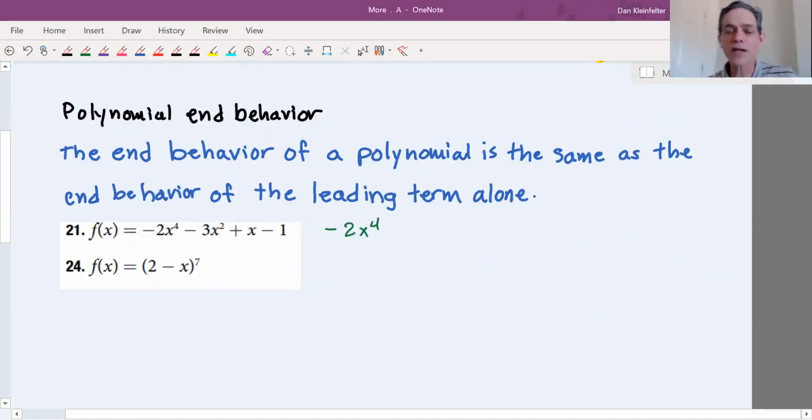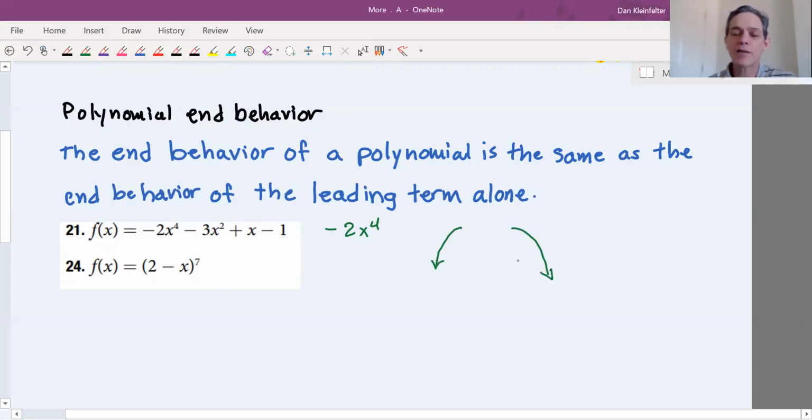And for negative 2x to the fourth power, the degree is 4, which is even, so both ends will do the same thing. And they're both going to go downward because the leading coefficient is negative. So the left end will go down, the right end will go down.